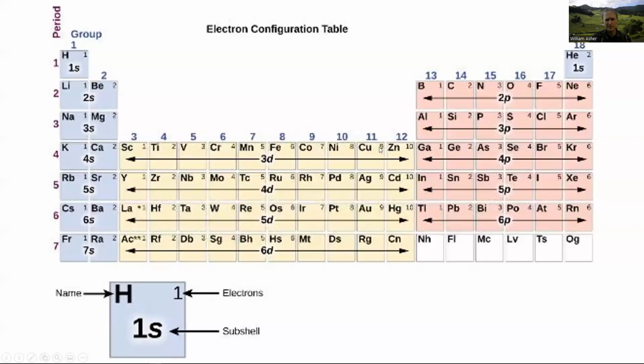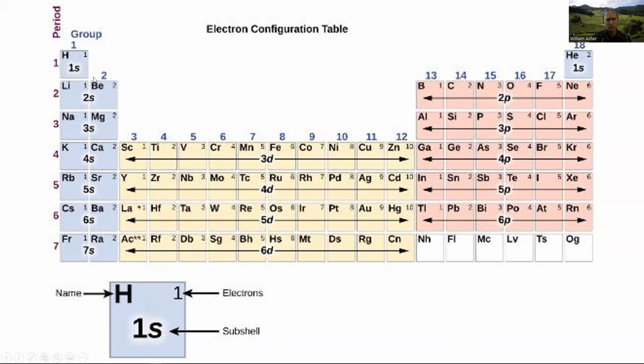So for example, copper, which is down here, it's got a bunch of electrons in the 3d shell and the 4s shell. The 3p orbitals are filled, the 3s orbital filled, the 2p orbitals are filled, the 2s orbital filled, and the 1s orbital is filled.